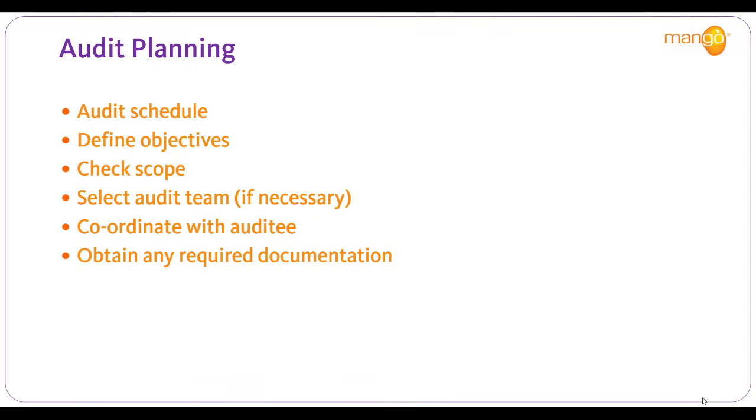You may want to have an audit team, maybe 2 or 3 people, and they may be technical advisors if you're lacking some of that expert knowledge to be able to understand some of the technical detail that you may be looking at.